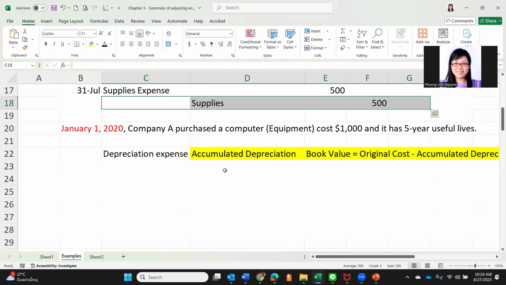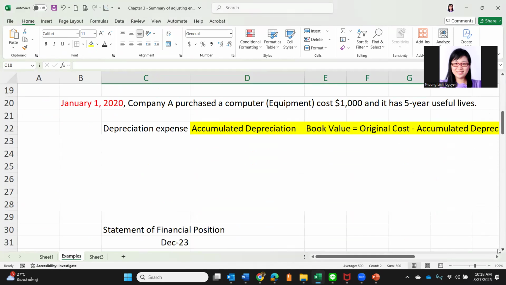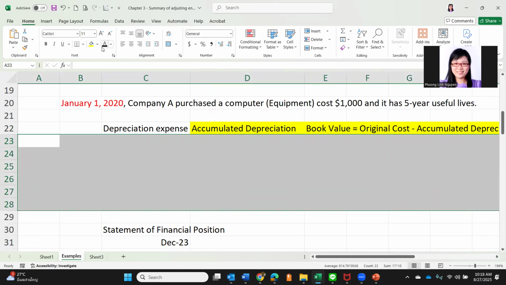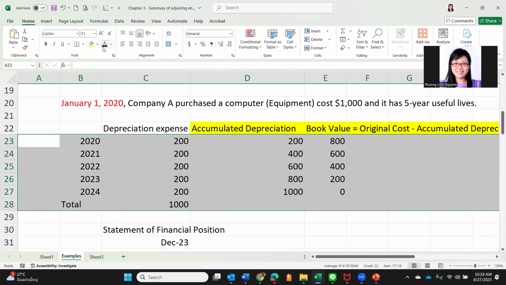For example, if you buy an equipment that costs you $1,000 and it has a 5 years useful life, the depreciation expense is going to be allocated over 5 years.